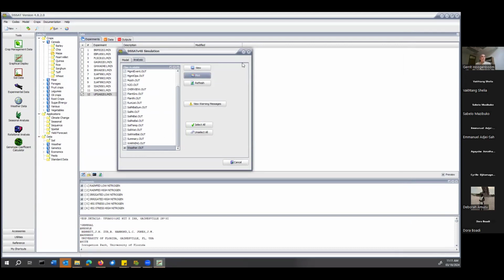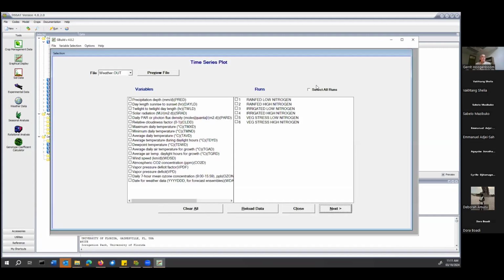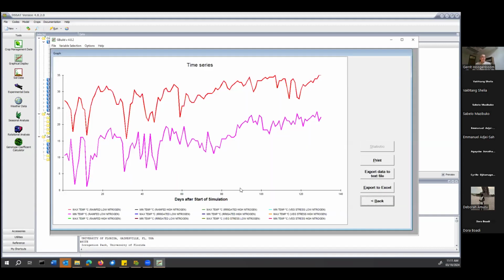Oops. My graphic disappeared. Here we go. So we can look at the maximum and minimum temperature. This is the daily data, maximum and minimum temperature, for this particular environment.